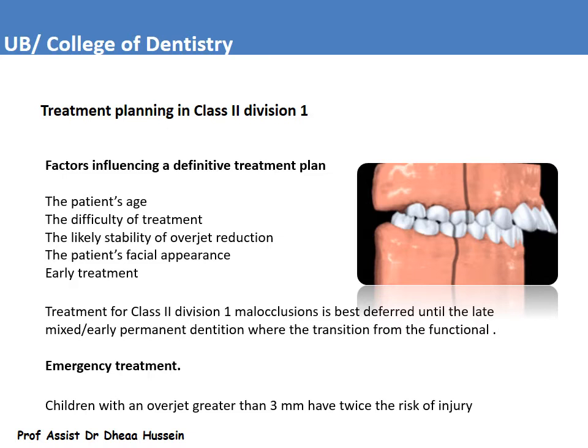It usually starts as early as possible when there's an increase in the overjet, to reduce the risk of injury. But the most common age of treatment would be late mixed to early permanent dentition. We will talk about that later.